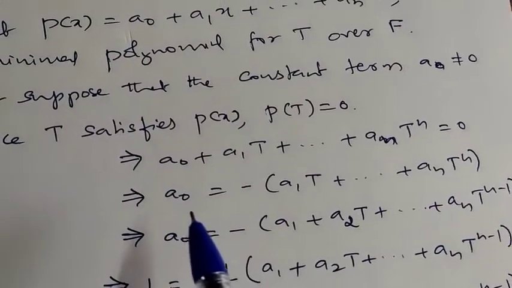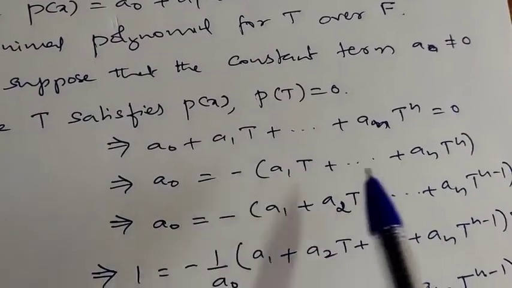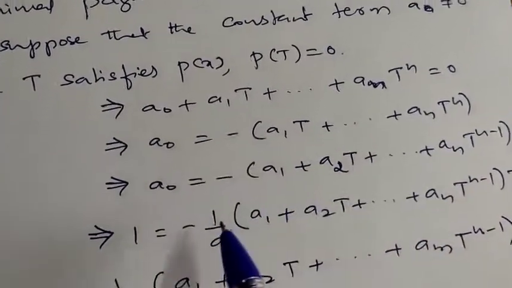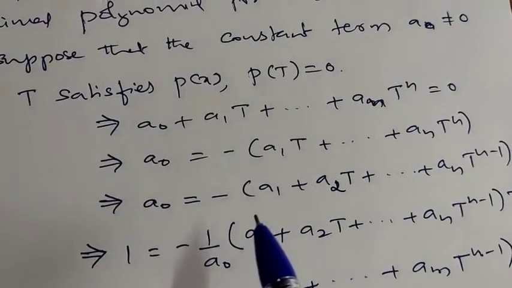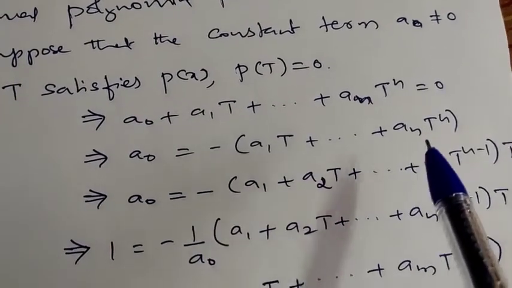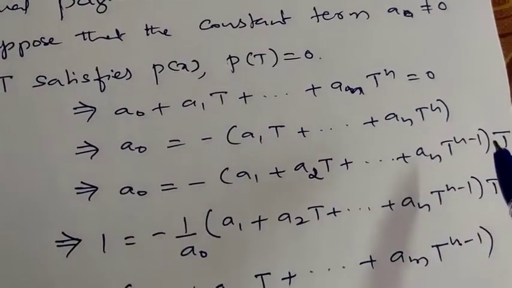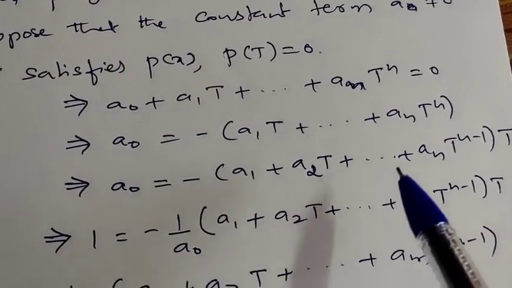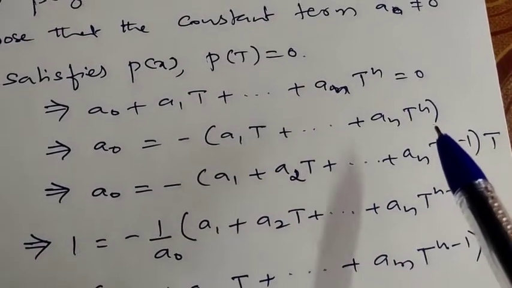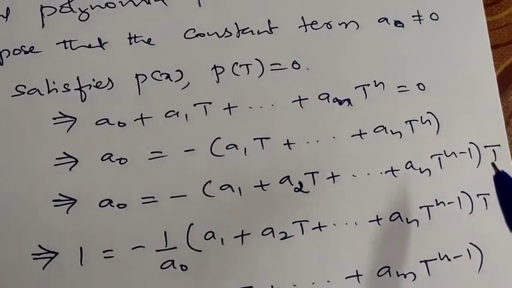This implies that a0 equals, if you transform all the terms to the right hand side, the negative of the transformations. So a0 equals minus of a1 plus a2 T and so on plus an T power n minus 1, into T, since T is common among all these terms.